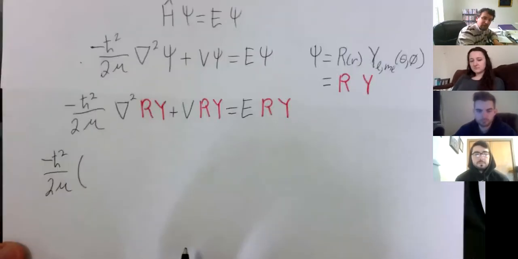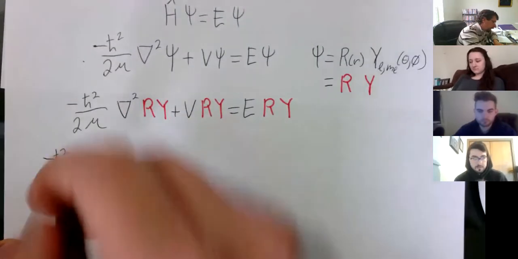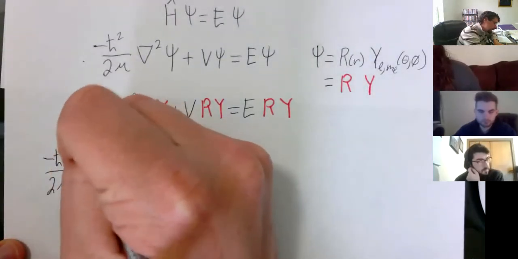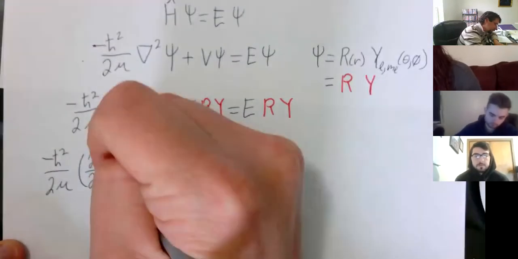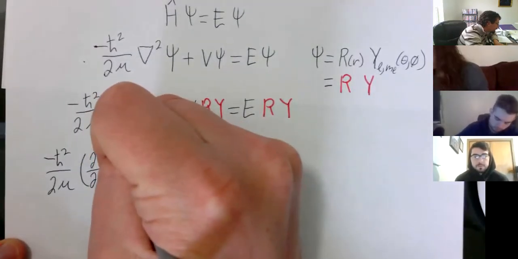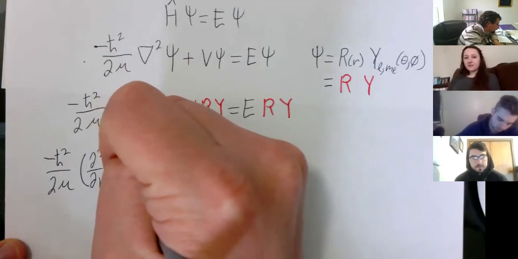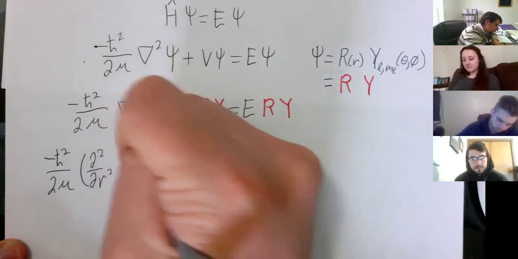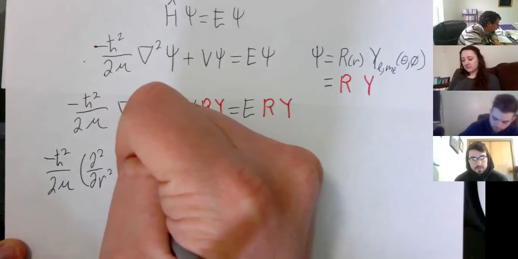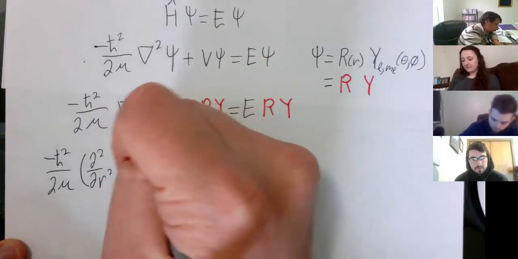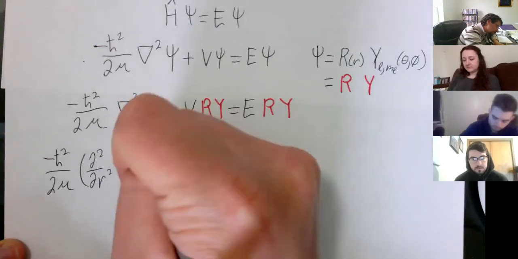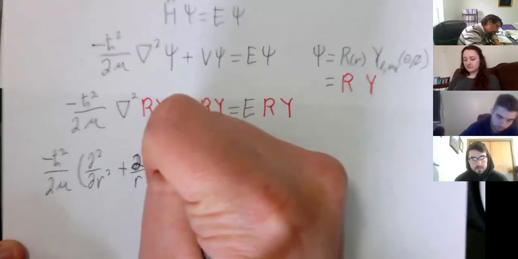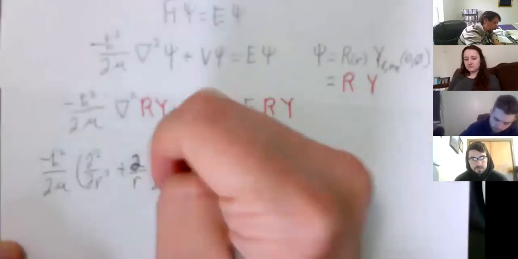You may remember that gradient in spherical polar coordinates was this big, long, complicated thing. Oops, this should actually be a 2r er.